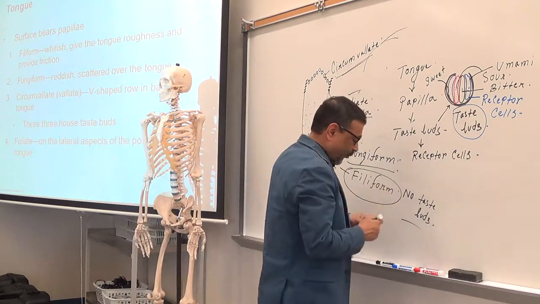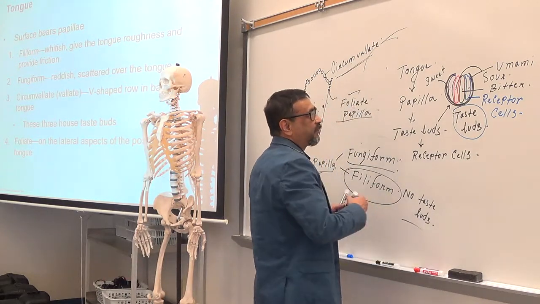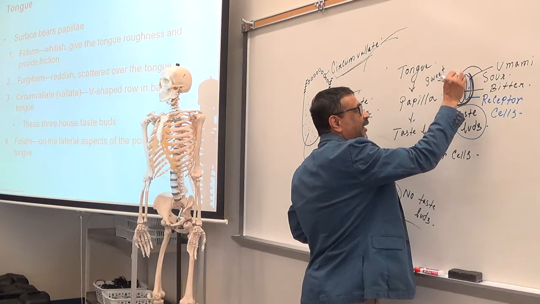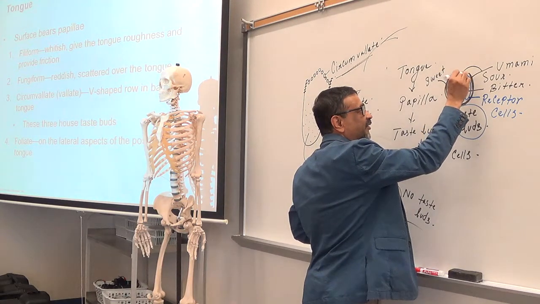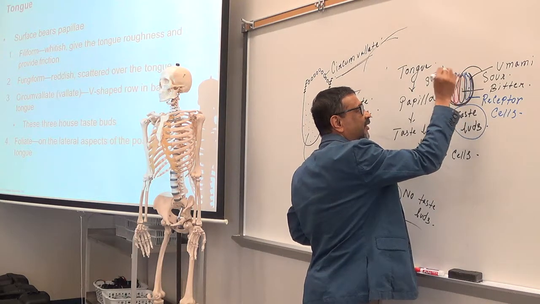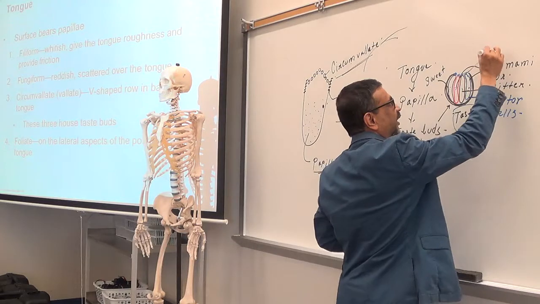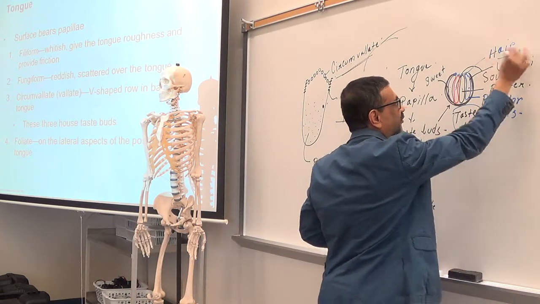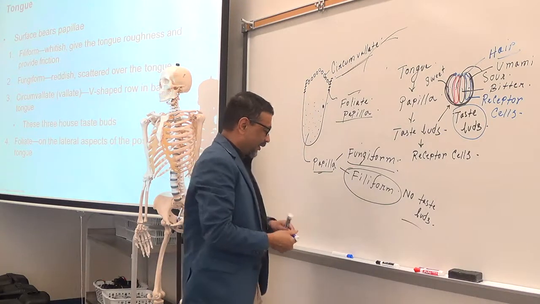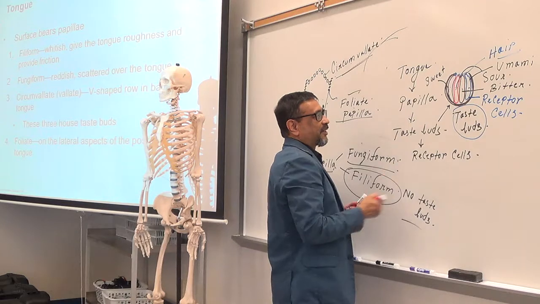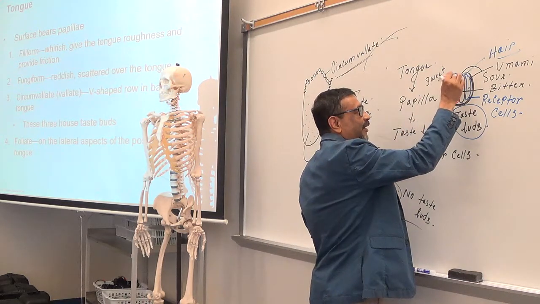Now, on the top of the receptor cells, you have hair-like structures. These are called hair. So that's fine. Easy. And taste receptors are attached to the hair.